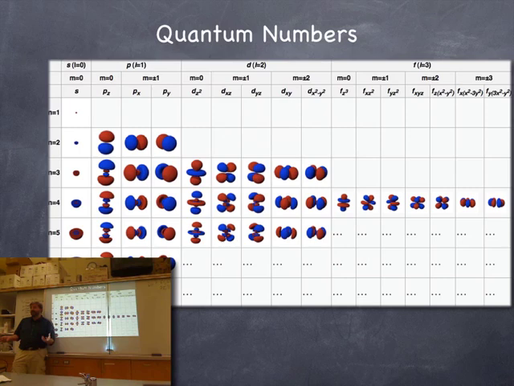Now, each orbital shape, each L value, comes as a set of degenerate orbitals, a set of orbitals that all have the same energy. So L comes as a set of 1, 2, 3 values, 3 orbitals. This is like naming the house, your street number. So we said N was like the city, L tells us what street, and M, or M sub L, tells us the house address.